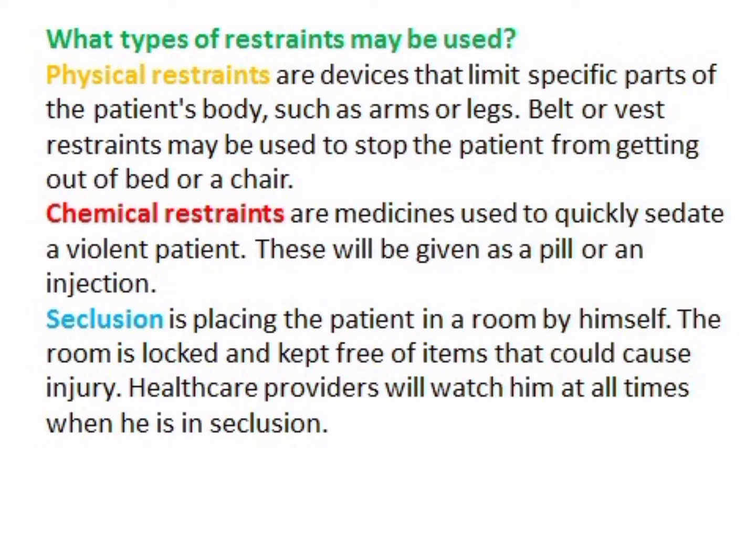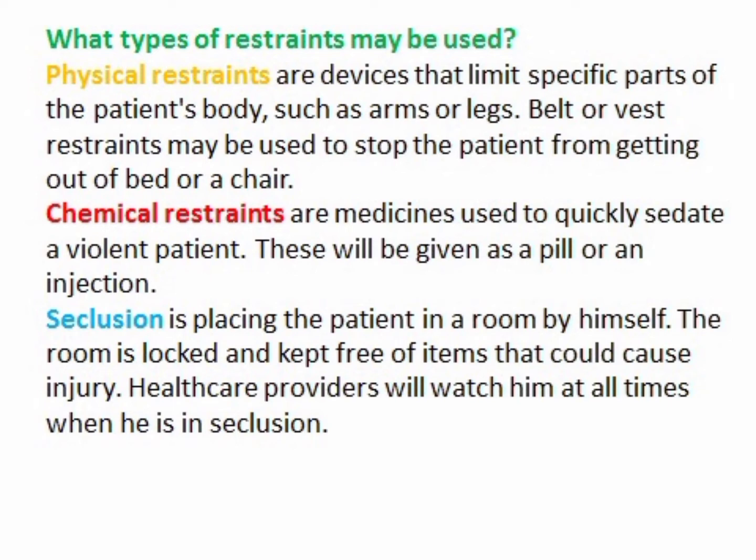The physical restraints are tying them by using a belt. If we want to restrict the upper arms, we should put a belt to restrict the upper arms. In that way, by using belts, we can restrict the activity of the patient.